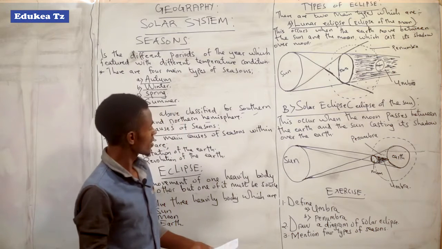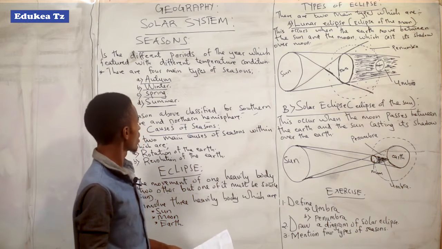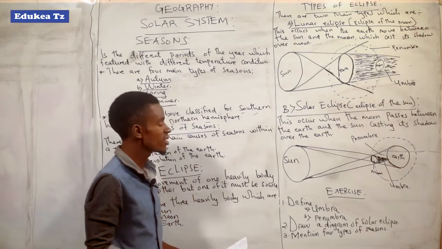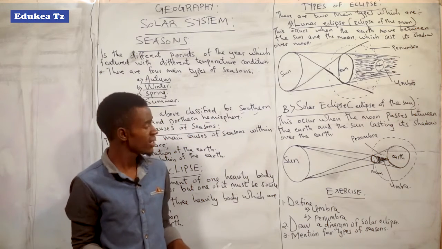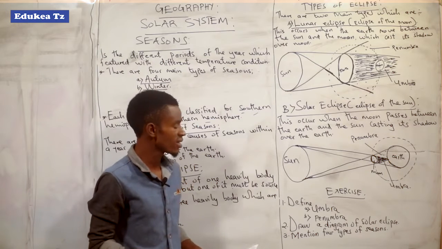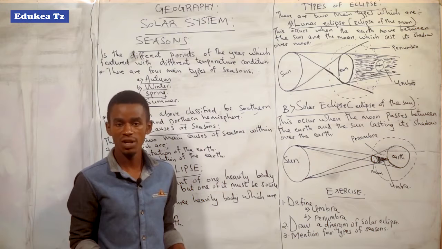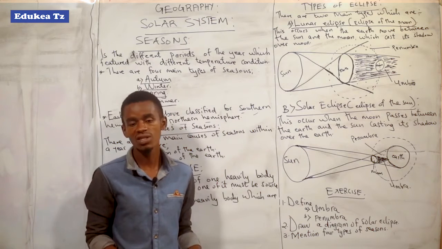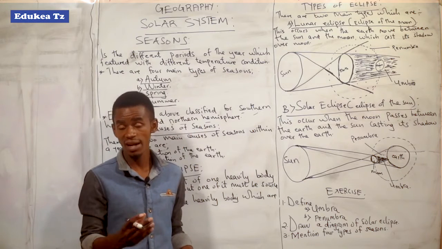Okay, let's discuss another part of the season: what are the main causes? What are the causes of the season to change? Seriously, we can say that the change of season is a natural thing. It cannot be caused by human beings. What is the difference with the climate?